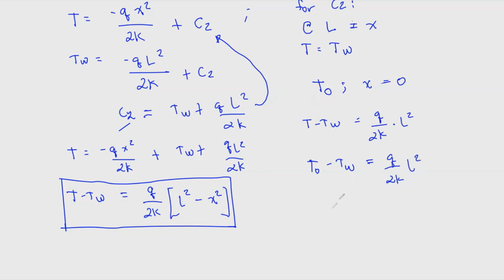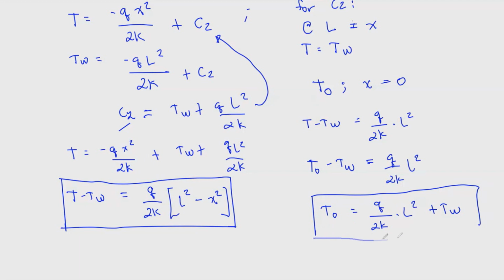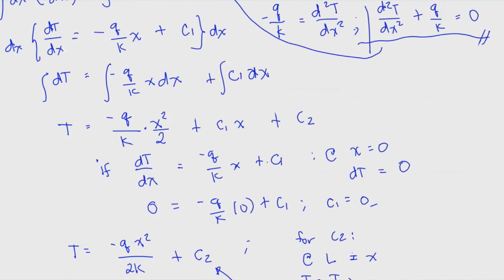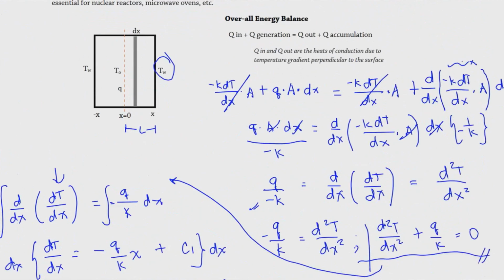We can also rewrite this as the temperature at the center equal to q over 2k multiplied with the square of the half length of the slab, added with our surface temperature. Okay, so that's how you derive the equation for heat generation through a slab.